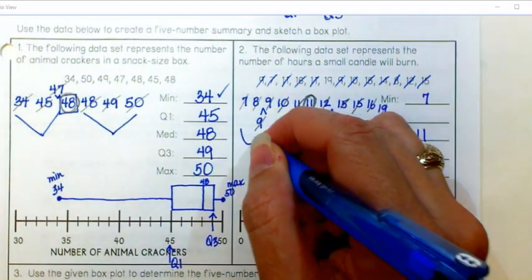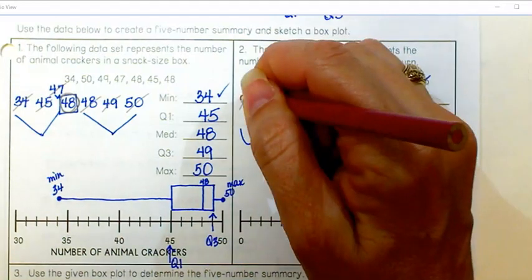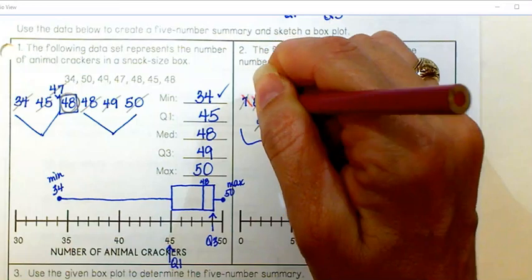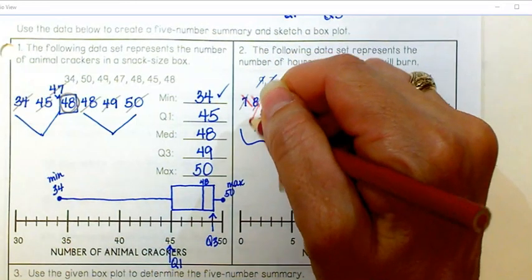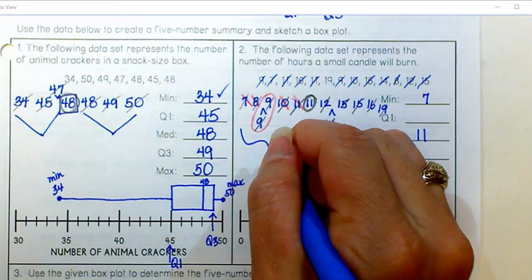But now I'm going to look over here at the bottom half of my data, and I will get the median of that set. All right, so small, big, next smallest, next biggest. And I have 2 numbers in the middle. They are both 9s, so the average of 9 is 9.